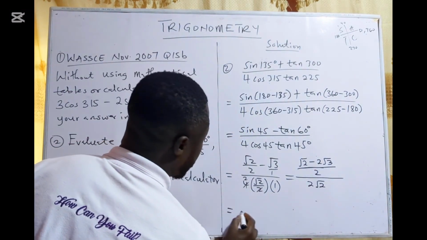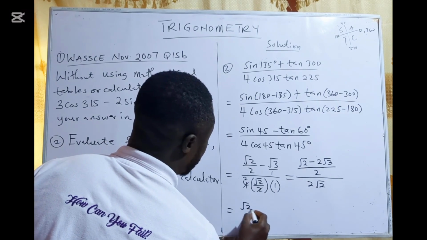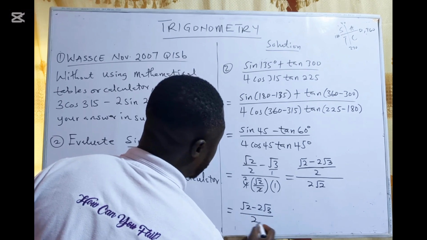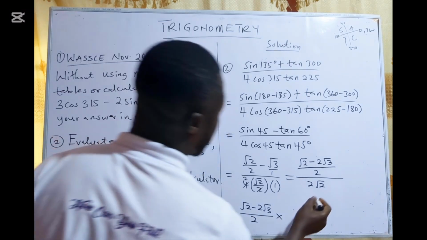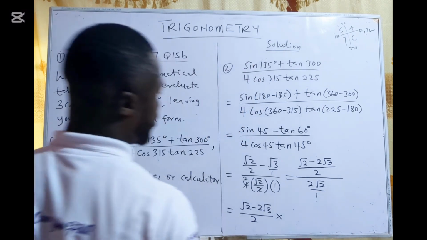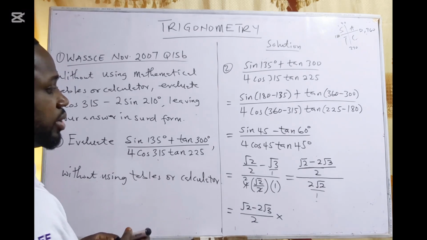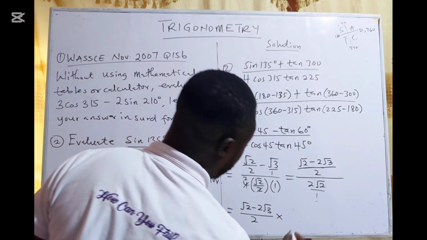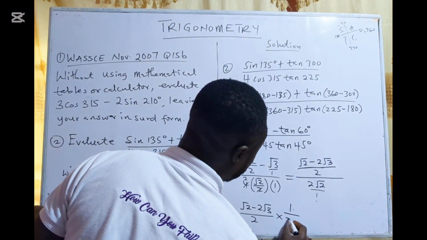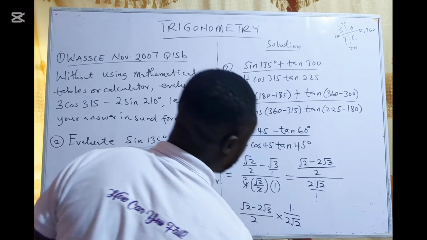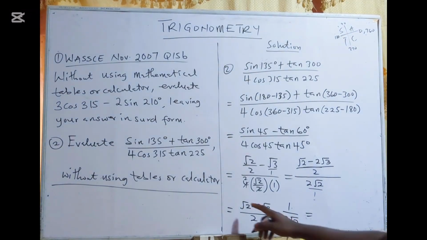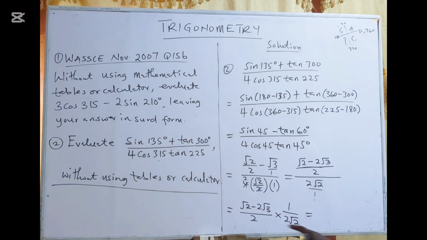Okay, so this can be written as root 2 minus 2 root 3 all over 2, divided by 2 root 2 which is also over 1. So I can multiply and reciprocate, times 1 over 2 root 2. This is what I can have, times 1 over 2 root 2. So let's multiply the numerator by the numerator and the denominator by the denominator.